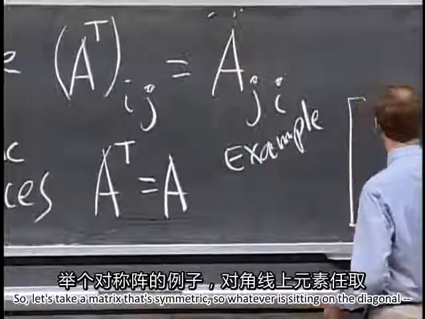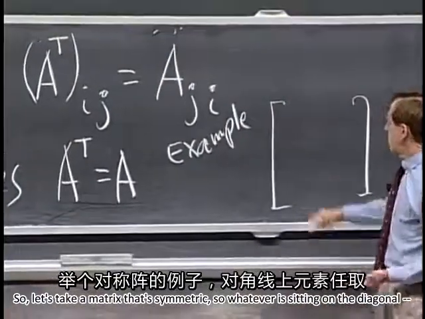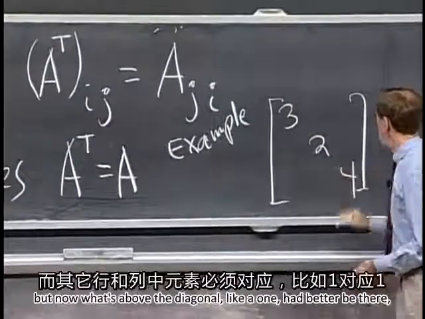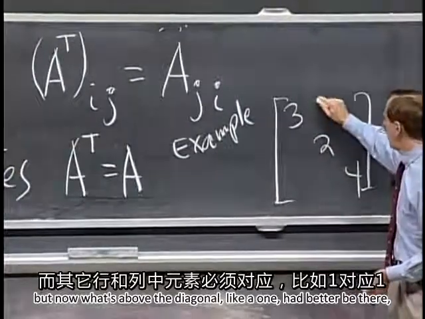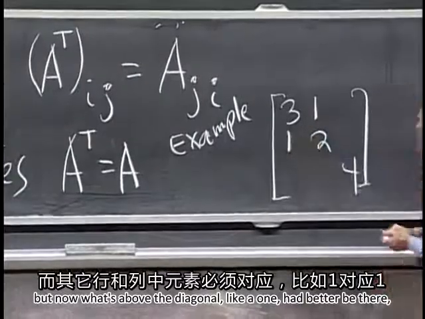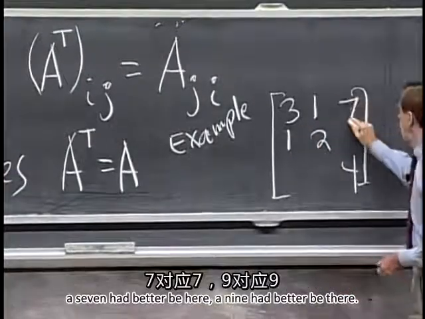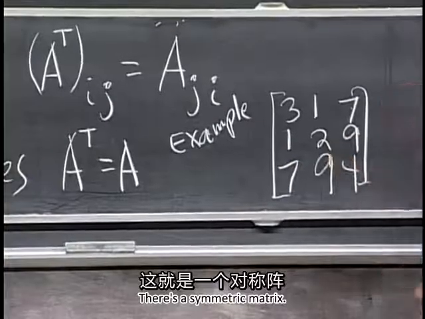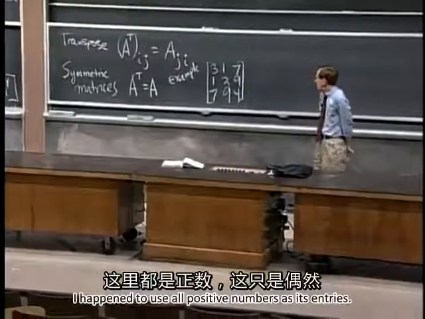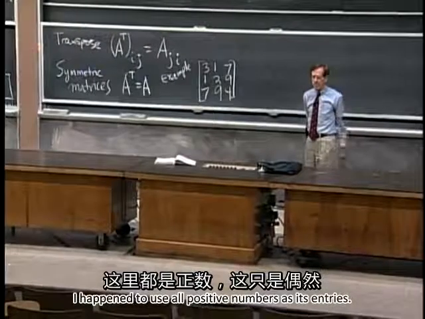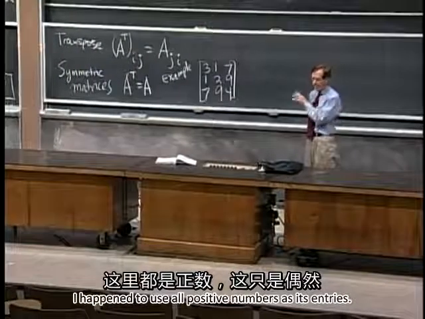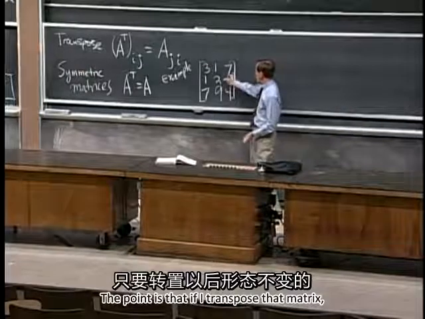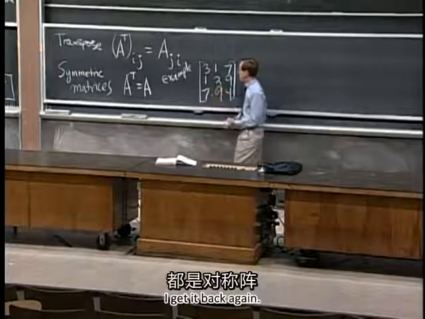So let's take a matrix that's symmetric, so whatever is sitting on the diagonal. But now what's above the diagonal, like a 1, had better be there. A 7 had better be here. A 9 had better be there. There's a symmetric matrix. I happen to use all positive numbers as its entries. That's not the point. The point is that if I transpose that matrix, I get it back again.